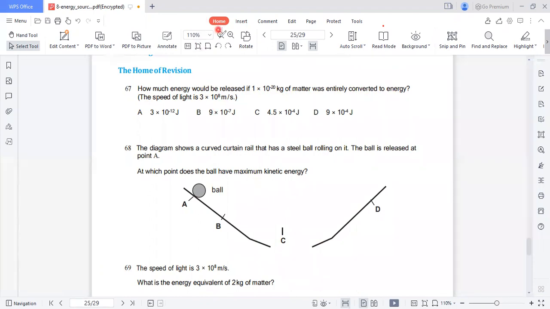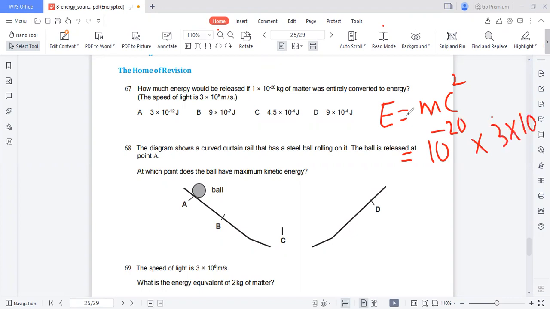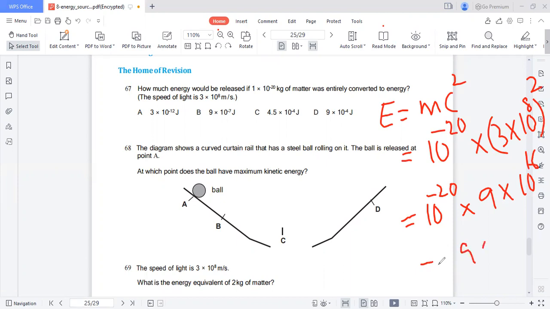Again, we can use Einstein's equation E equals mc square, and mass is given, and c is 3 into 10 to the power 8. c is the speed of light, and whole square. So 10 to the power minus 20 times 9 into 10 to the power 16. So it would be 9 into 10 to the power minus 4. So this is the correct option.